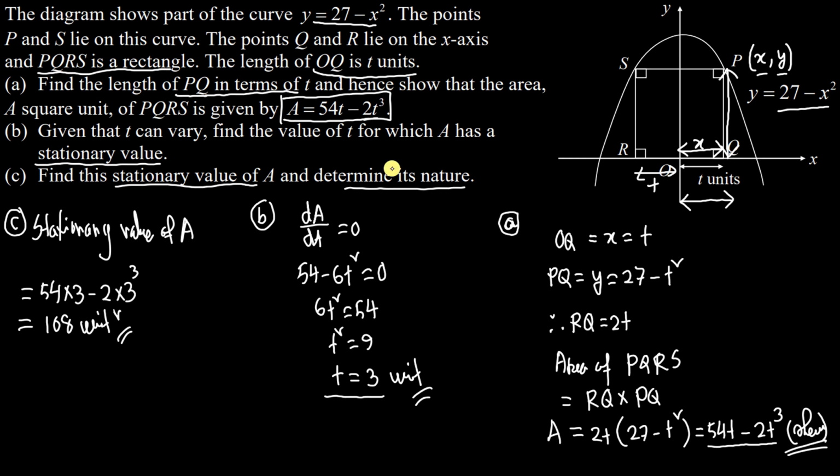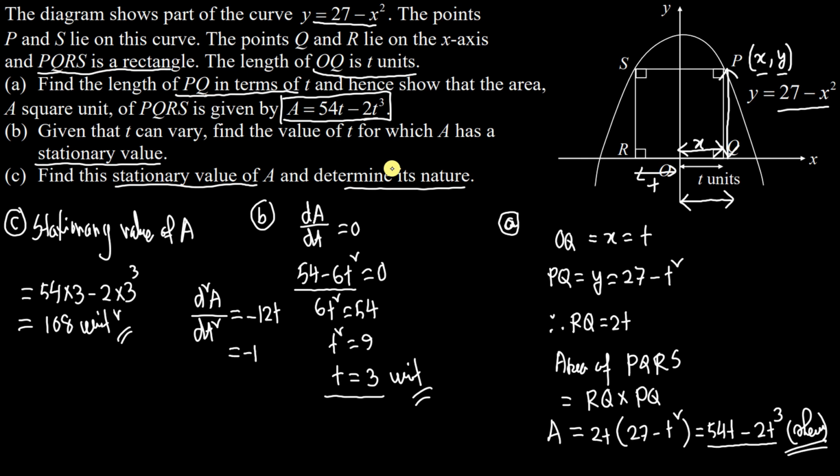Now we need to find its nature. For finding the nature we have to differentiate again the expression of dA by dt, so we write d squared A by dt squared. This is the double differentiation. Differentiating 54 minus 6t squared, 54 gives 0 and minus 6t squared gives minus 12t.